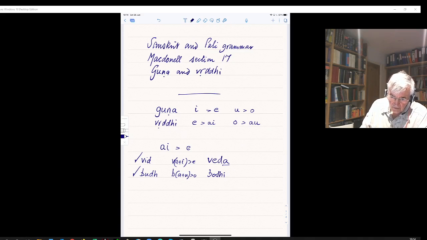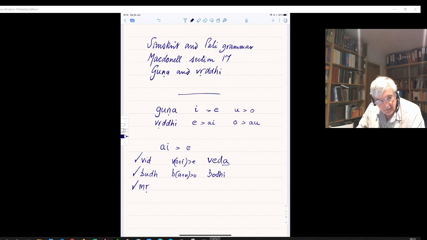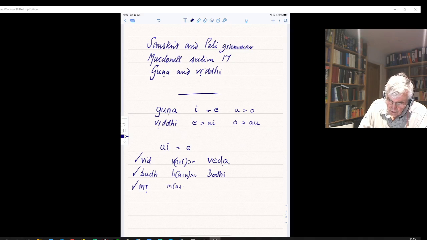With the vowel r, let's take the verb, the root mri, to die. And that can make a verbal noun, adding, for example, ana as a verbal noun, one of the many verbal noun endings, to the gunated root. So, a plus r, because that becomes ar.